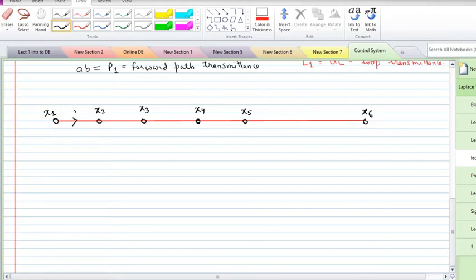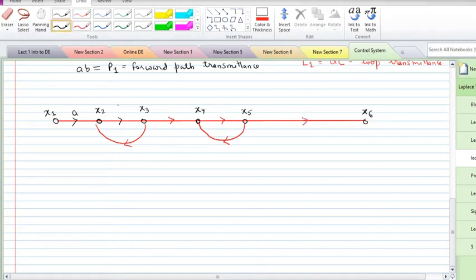Suppose this has transmittance A, this has transmittance B, and suppose there is a feedback here with a transmittance, and suppose the feedback is at this position and at this position. Okay, so in this way you can use it.